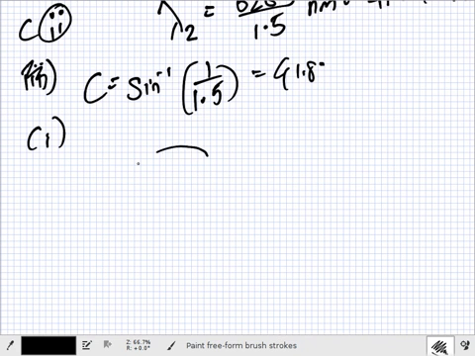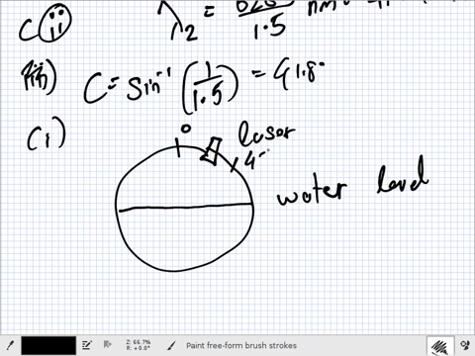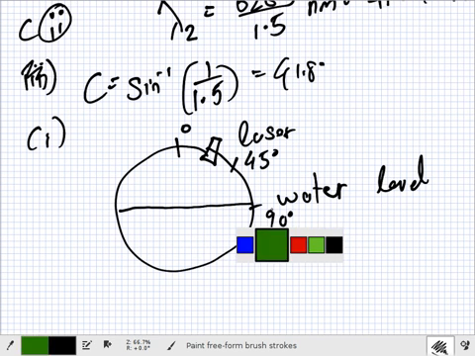What you do is you have your water tank, and this is the water level. And then what do you have here? You have your laser, and this is measured at 0 degrees, and this is 45 degrees, and this is 90 degrees.